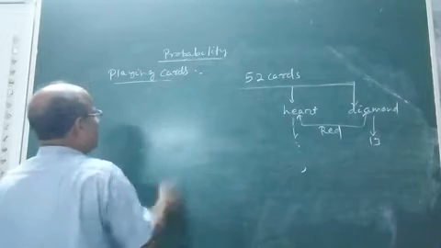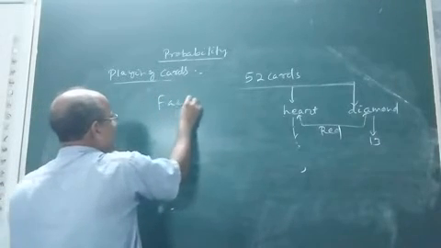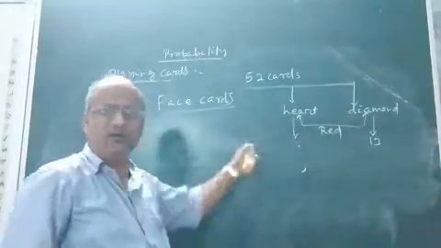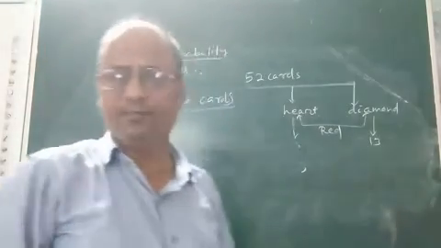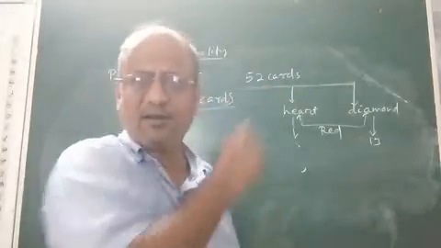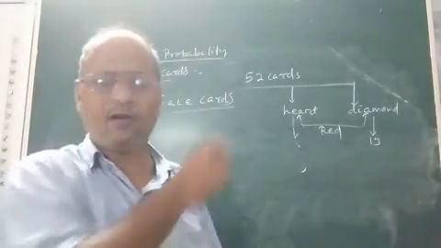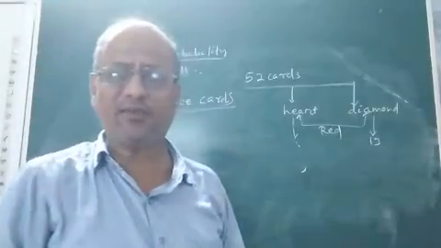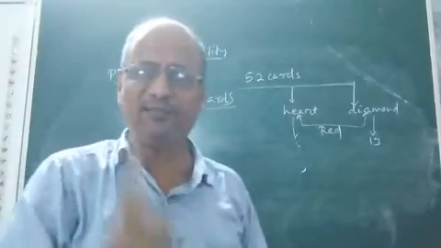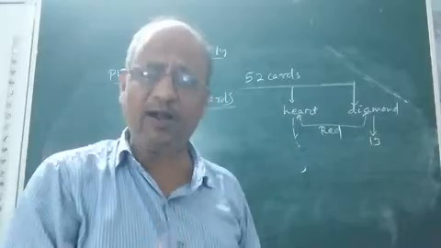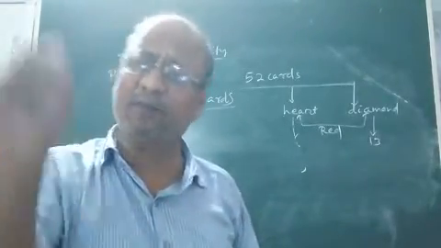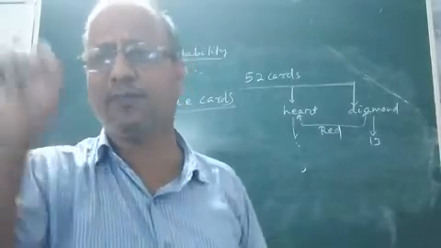You see children, what is meant by a face card? As I told you, in each suit, whether spade, club, heart or diamond, you consider the last 3 cards, that is the 11th card, 12th card and 13th card. The 11th, 12th and 13th cards of each suit are known as face cards.